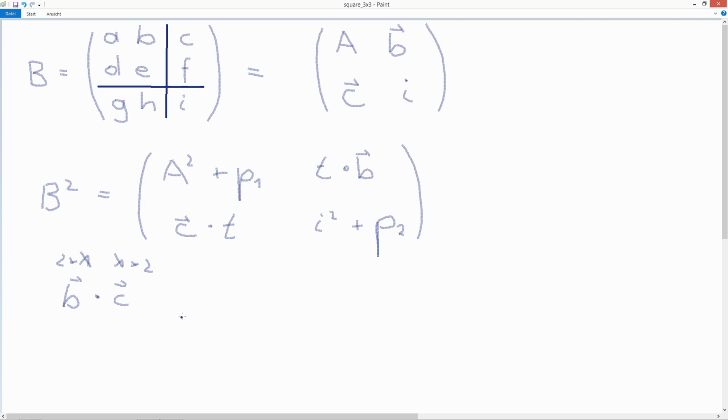So we get a 2x2 matrix by calculating this product.